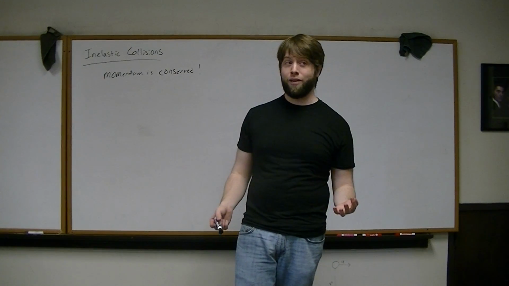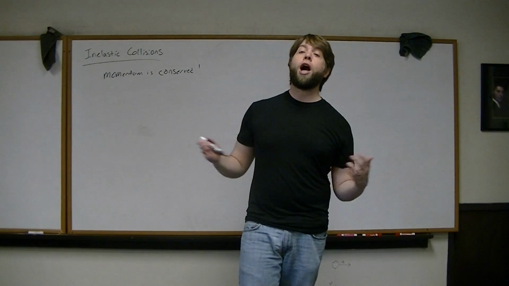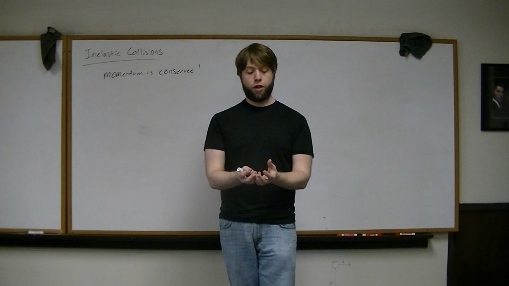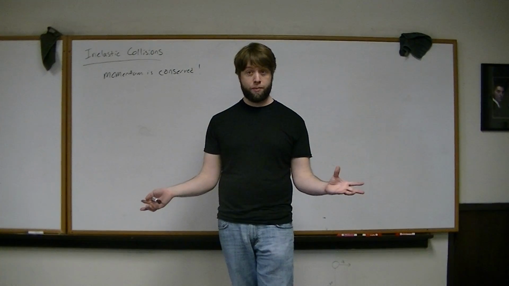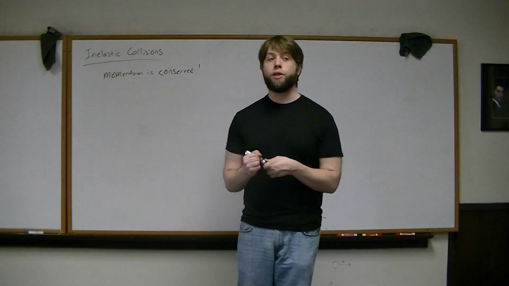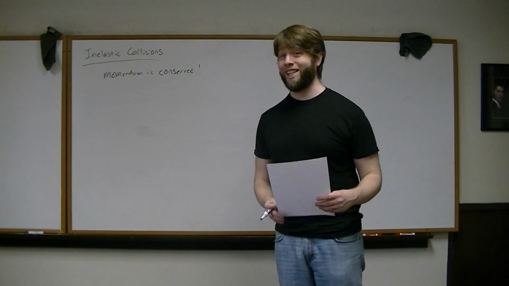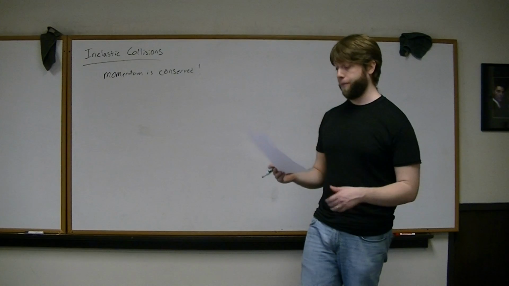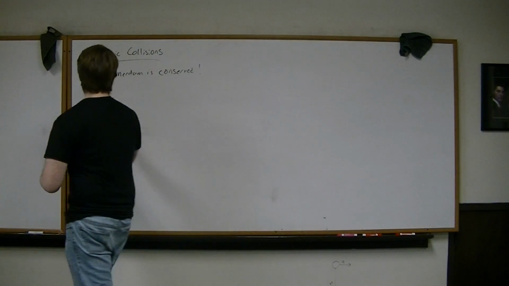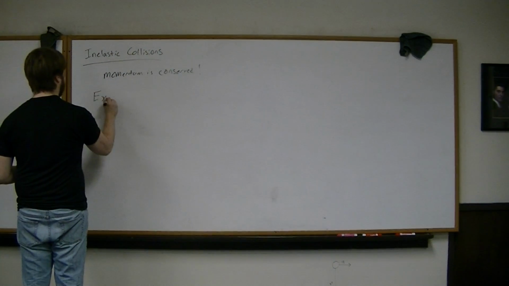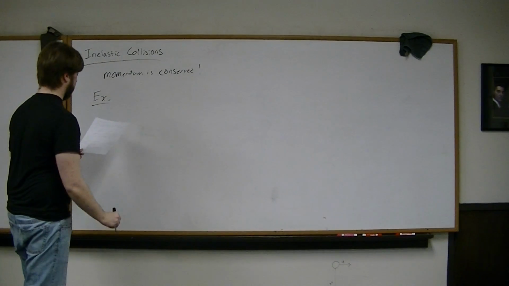We don't really have a way of doing that. So whenever objects stick together, or when they started out as one piece and then it explodes into many different pieces, we're going to rely on momentum conservation, and this is what is called an inelastic collision. Okay? So, knowing that momentum is conserved, this immediately allows us to start solving problems.